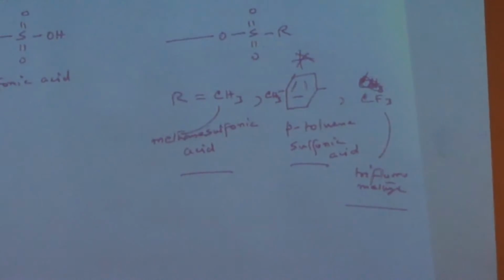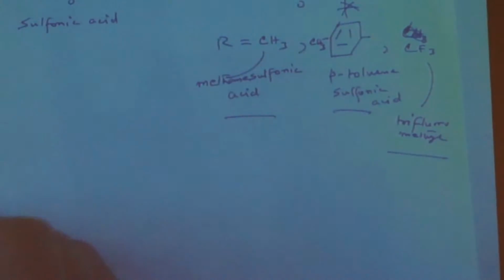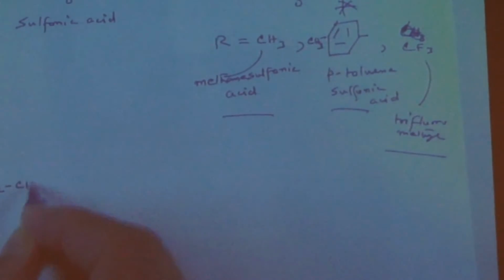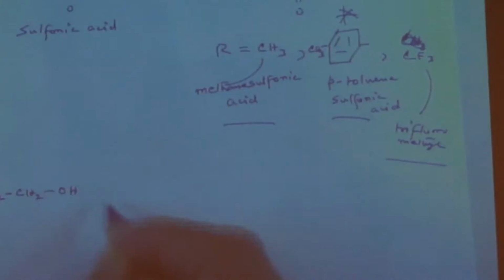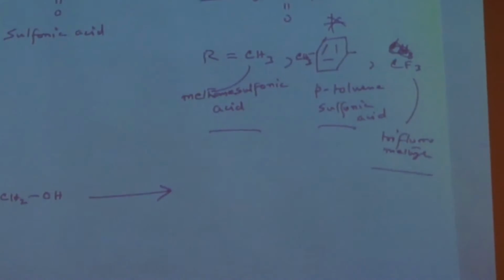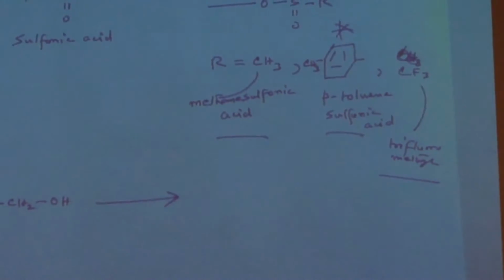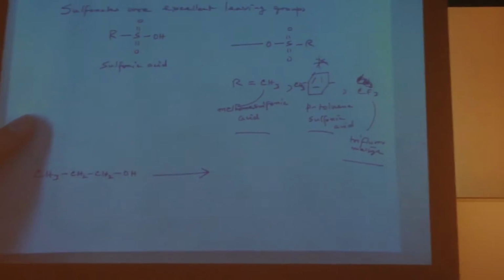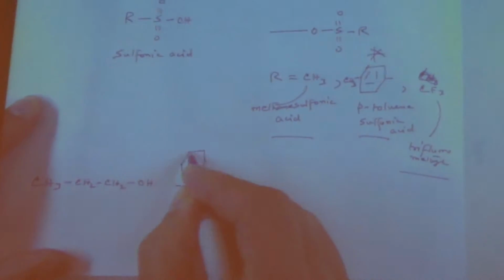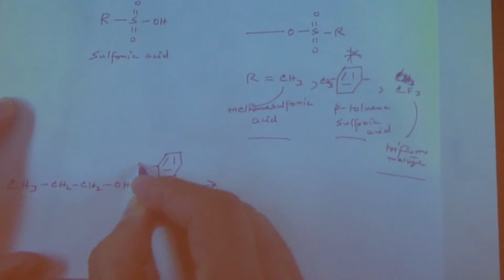So in other words, let's say if you have an alcohol, such as the first one that we use, in order to make the OH a better leaving group, what you can do is treat it with the corresponding sulfonyl chloride. So let's say para-toluene is the one you selected.